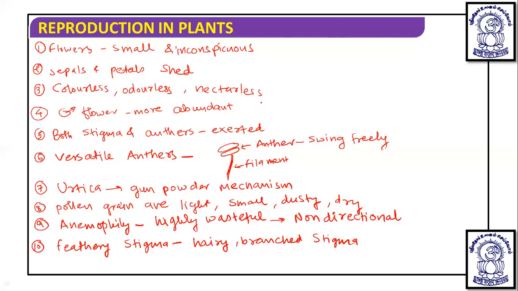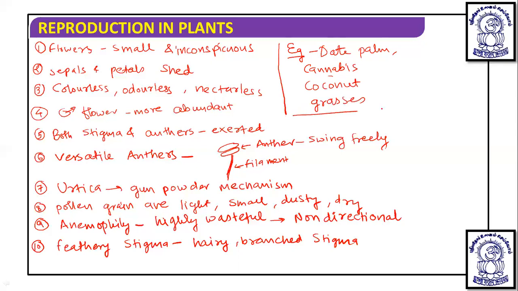If we talk about the examples which show wind pollination, some examples of plants are date palm, then cannabis, coconut, then grasses.